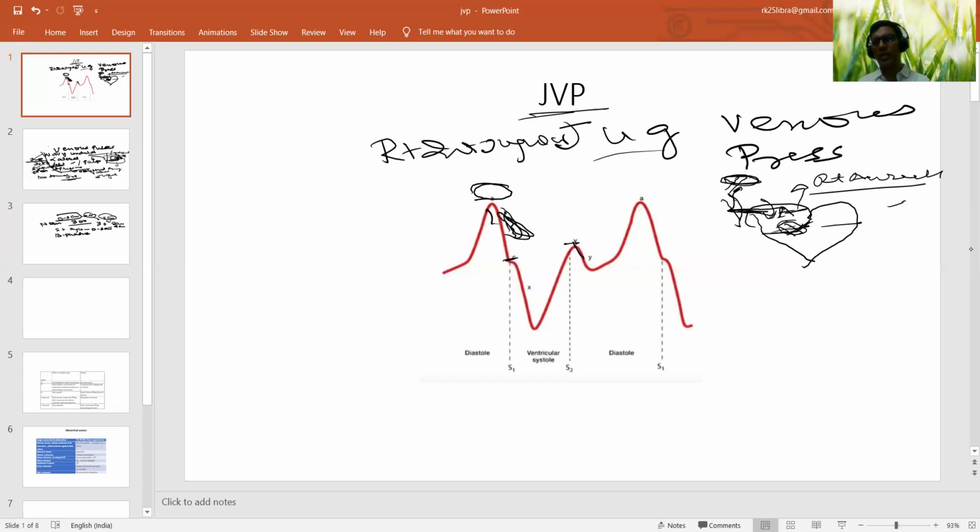Then you have a contraction of your ventricles. When the contraction of the ventricle happens, the atrioventricular valves get bulged up into the atrium. So this first bulging creates your C wave.